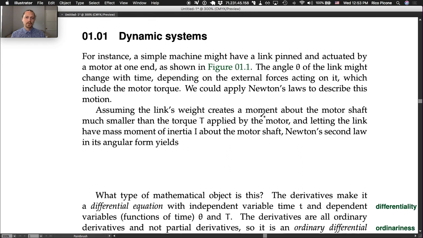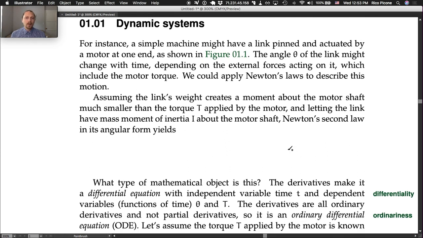The angle theta of the link might change with time depending on the external forces acting on it, which include the motor torque. We could apply Newton's laws to describe this motion, things that you've learned in your dynamics class, in your physics class.